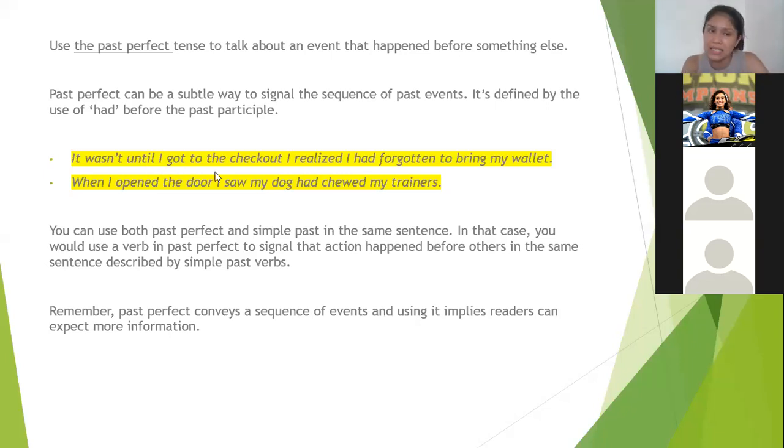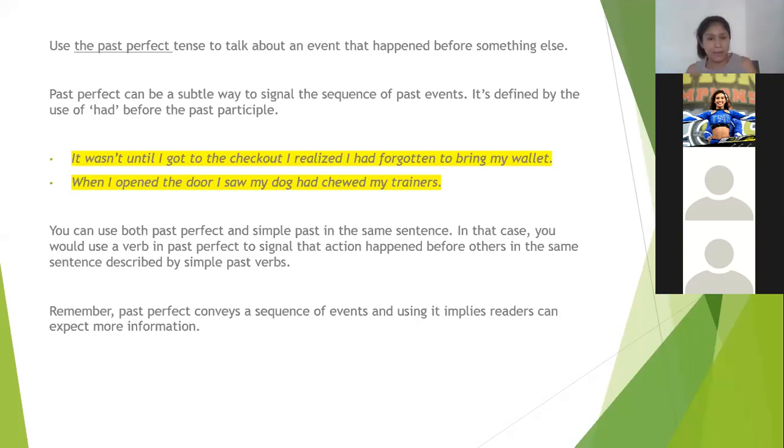I got to the checkout, I realized, so I have there two situations that were in the past. So since I have a sequence of events, before those two actions, I'm going to use the past perfect. I had forgotten to bring my wallet. Entonces utilizo el past perfect para hablar sobre una situación que pasó antes de que otros eventos terminaran.